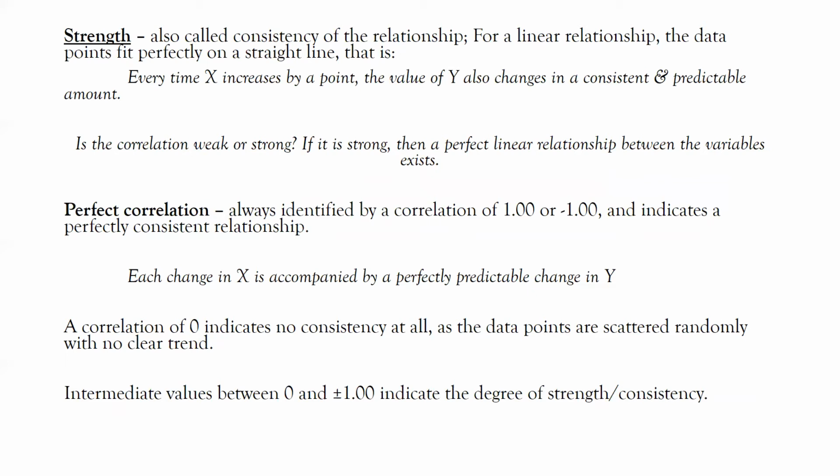As I've said, there are many forms of relationship. The most basic one is the linear trend or linear relationship. There are others: there's a logistic, there's a curvilinear, and so on. So you get to decide that.